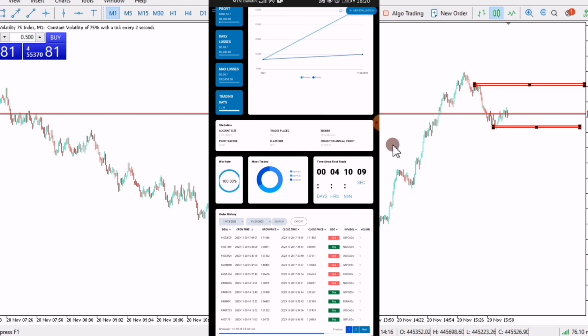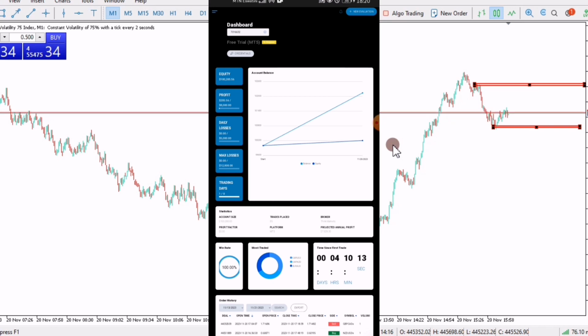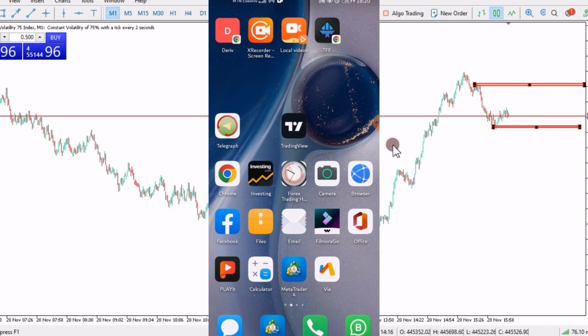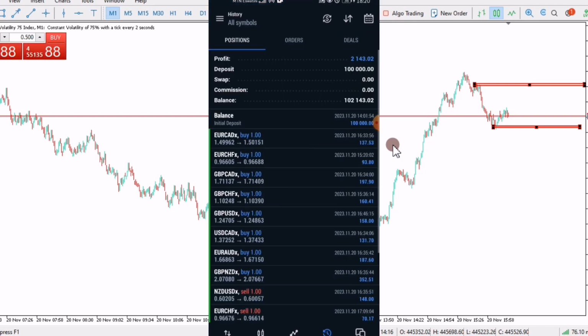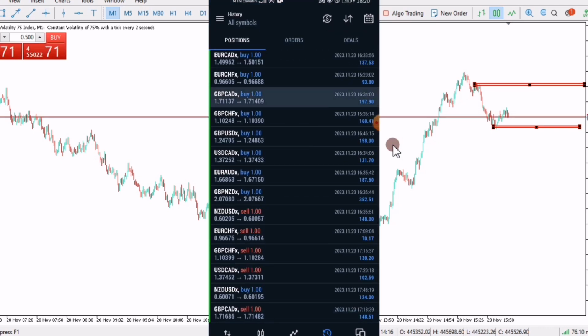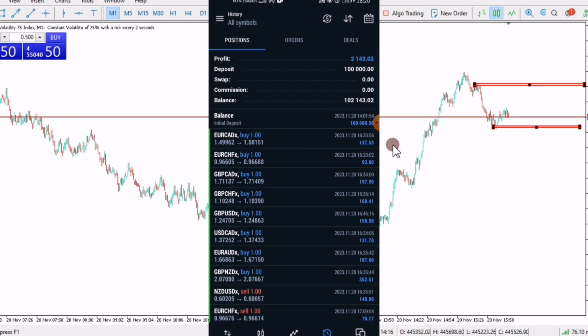The win rate is 100%. I am going to continue trading this account so that I can be sure if that strategy really works on a funded account. If it works, I'll use it for those accounts. This is the strategy I am referring to.